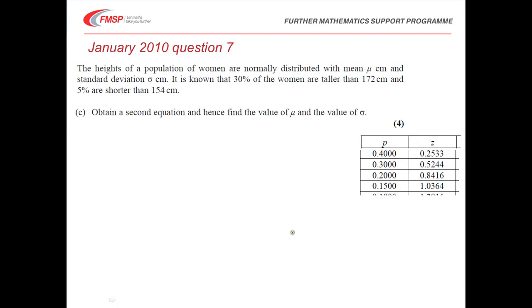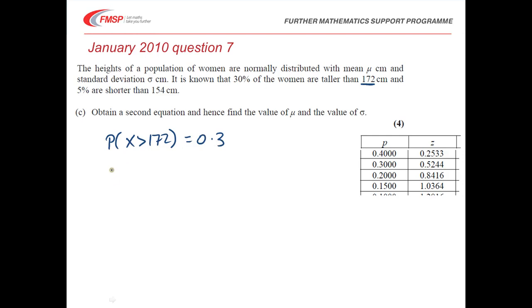So the question continues and asks us to obtain a second equation and hence find the values of mu and sigma. So this time we're going to be using the 172. So I had written that the probability of x being greater than 172 must equal 0.3. Now, in my head, I'm not particularly keen on probabilities that are not cumulative.